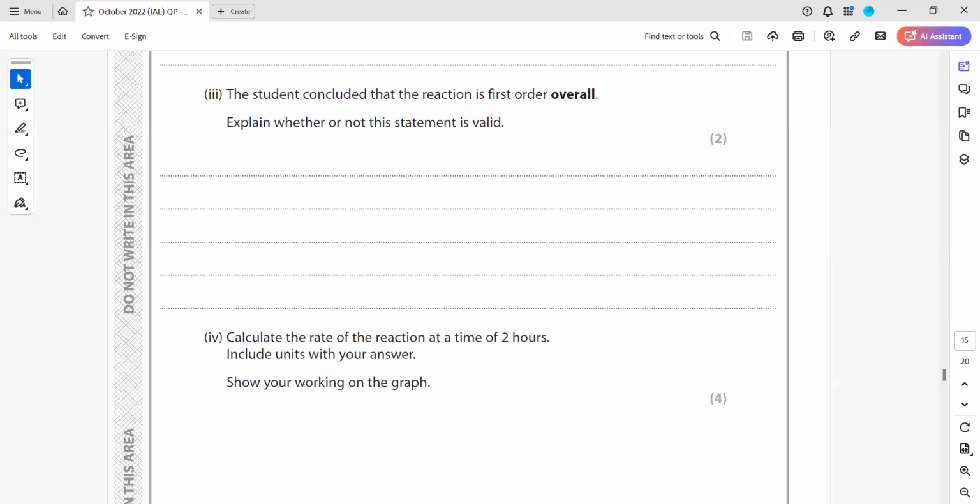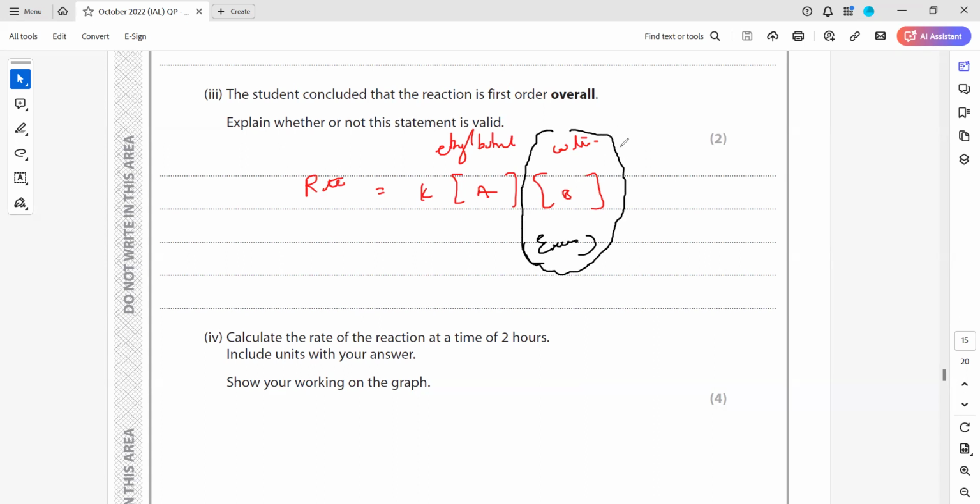We know the rate of a reaction is equal to k times the concentrations of the reactants A and B. In the question, what are the two reactants? The first reactant is ethyl butanoate, and the second reactant is water. But in the beginning, we used a bulk or excess of water, so the concentration of the water will not affect the rate.